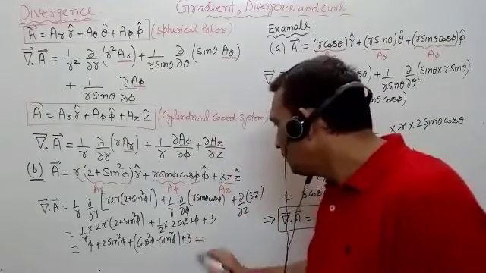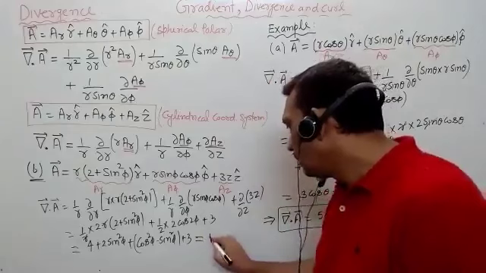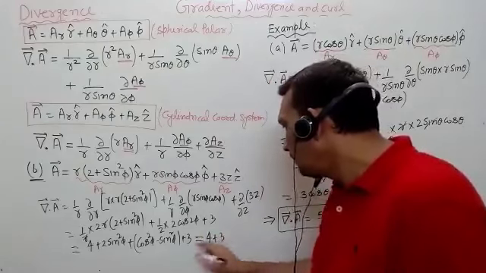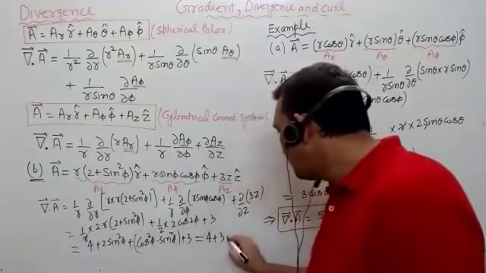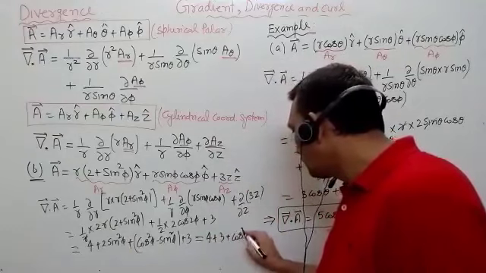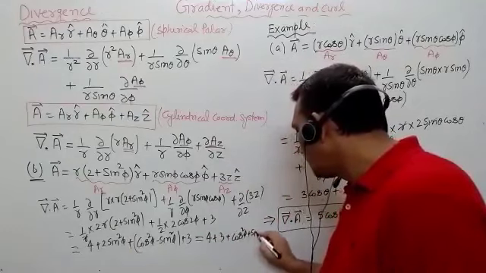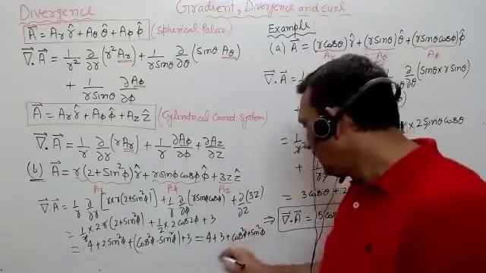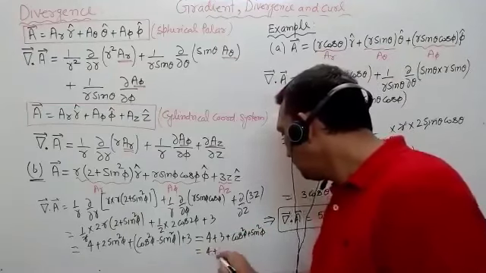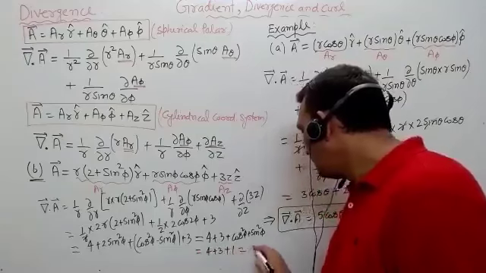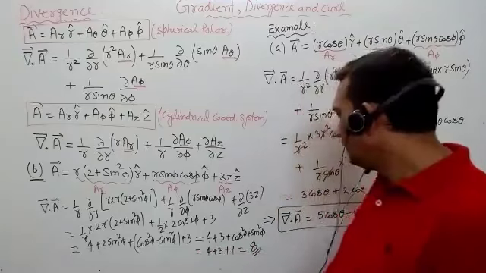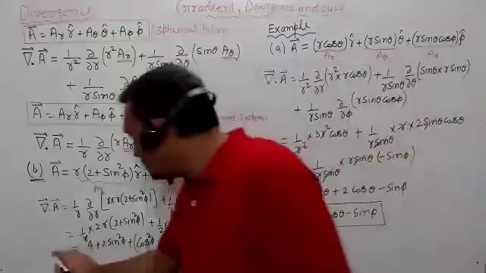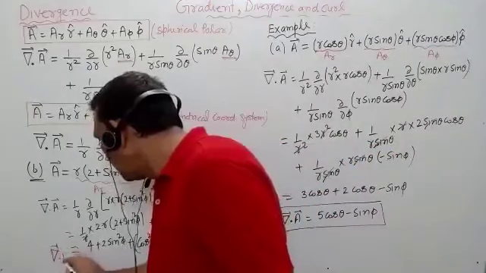And this will give you 4 plus 3, and cos square phi plus sine square phi, which is 1. So 4 plus 3 plus 1, this will be 8. So in this case, divergence of A is 8.